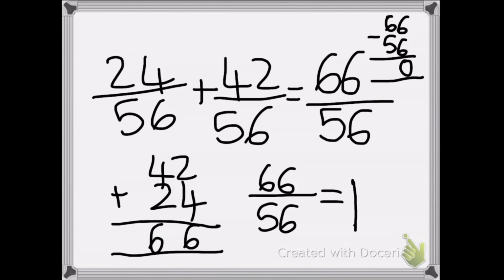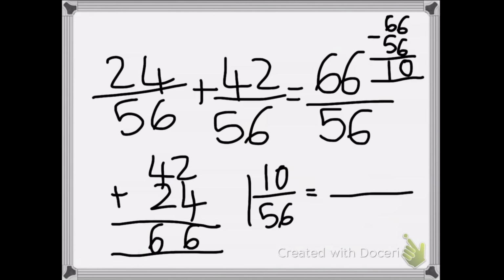To do that, we do 66 subtract 56, like normal. 6 minus 6 is 0. 6 minus 5 is 1. So we get the answer 10. So our numerator would be 10, and our denominator would be 56. Still not done. We have to simplify the fraction.